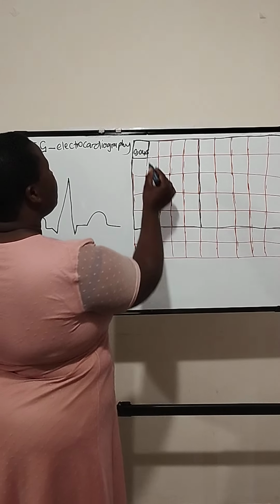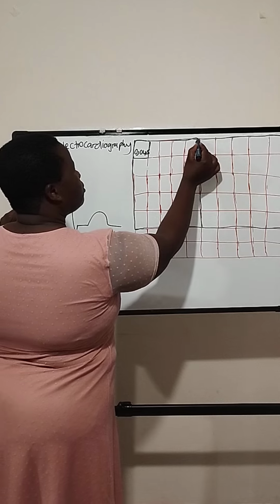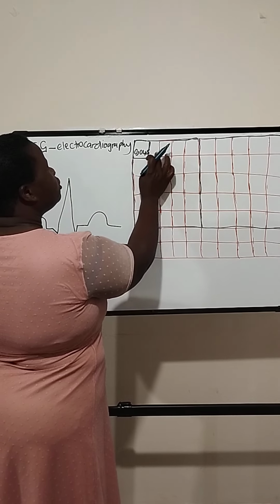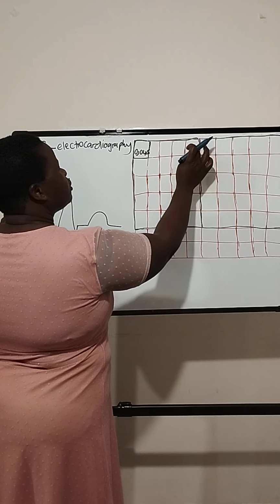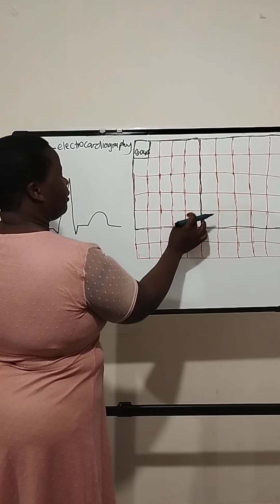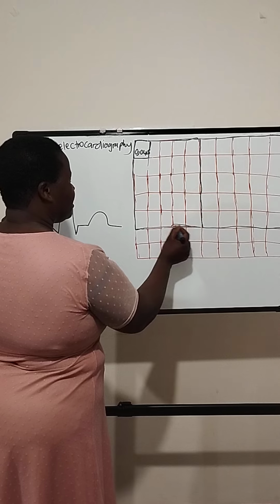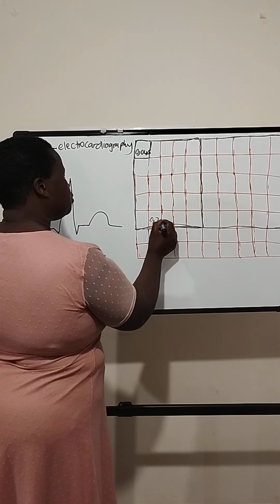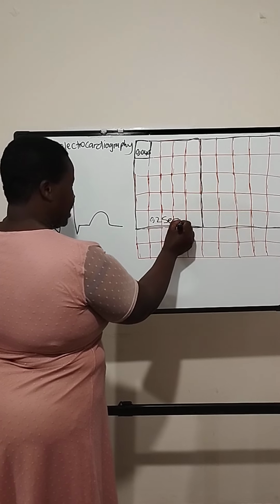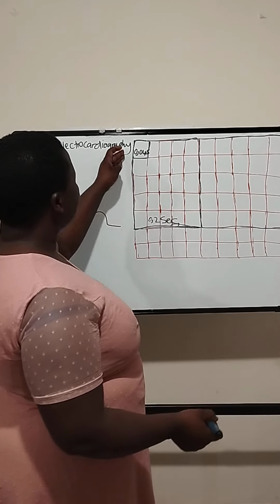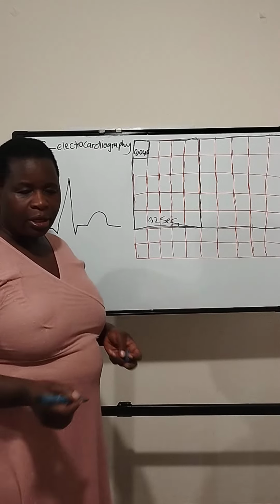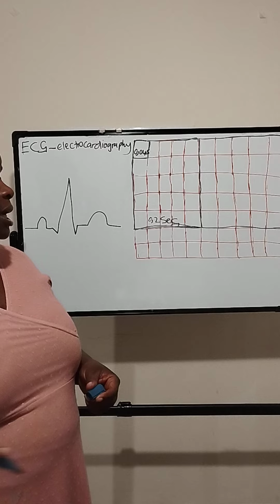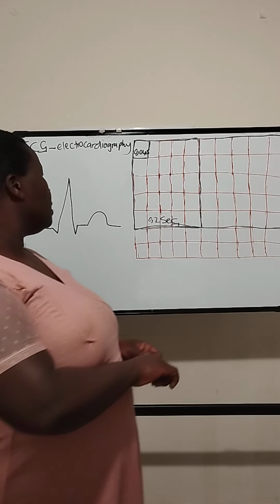And there is a bigger box which consists of 5 of these smaller boxes, like 1, 2, 3, 4, 5, which gives us 0.2 seconds in time. So these help us to read through our ECG as I'm going to explain.